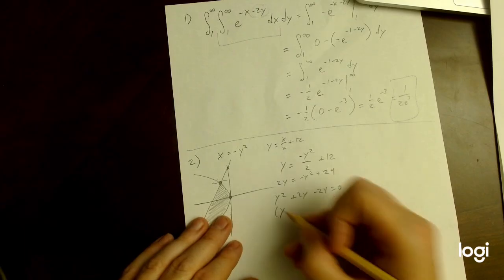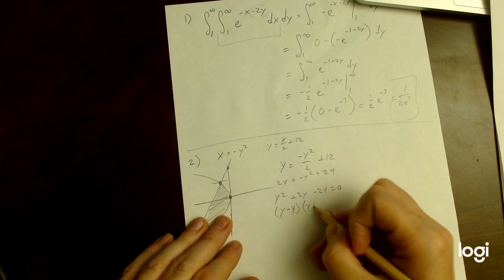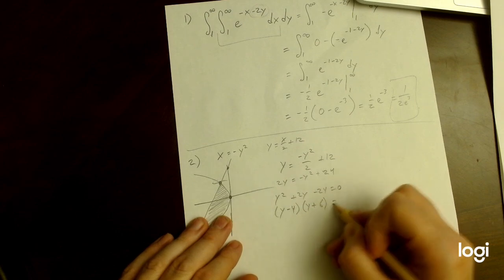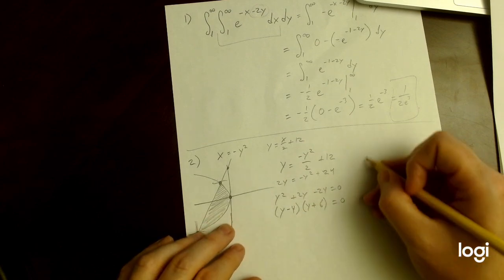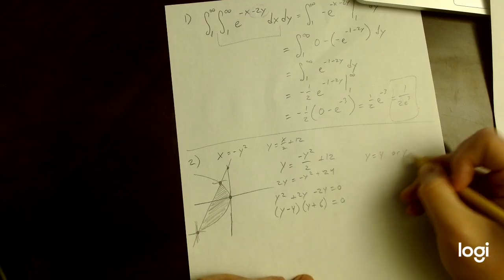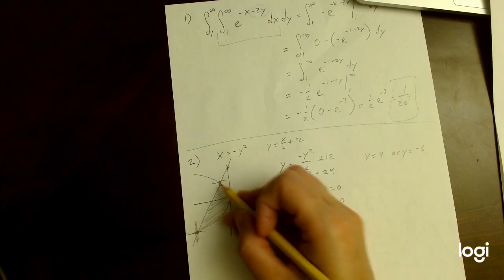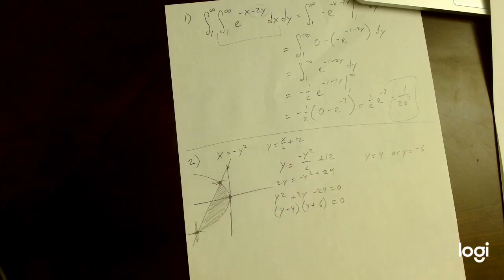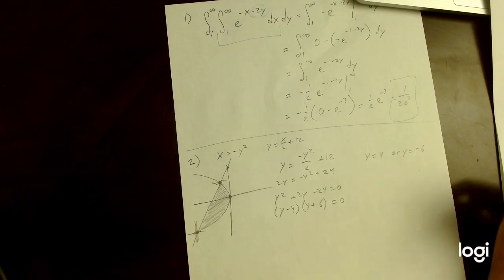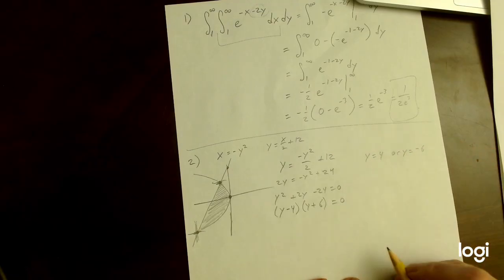We can say y minus 4 times y plus 6 equals 0. So my y values are going to be either 4 or y equals minus 6. And those are going to define these locations here and here. And then to finally figure out the x coordinates of those, we just need to take minus y squared.